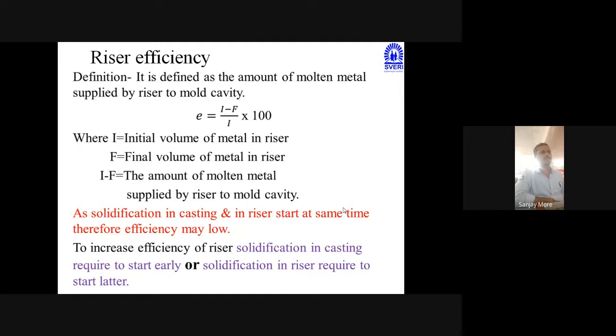Okay. See the formula of riser efficiency: small e is equal to I minus F divided by I into 100. Here capital I is the initial volume of metal in riser, F is the final volume of metal in riser, then I minus F is the amount of molten metal supplied by the riser to the mold cavity, into 100. Efficiency means percentage of this riser.